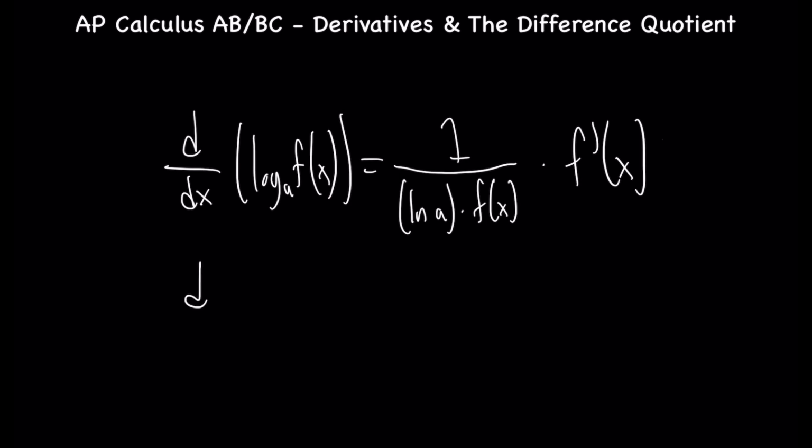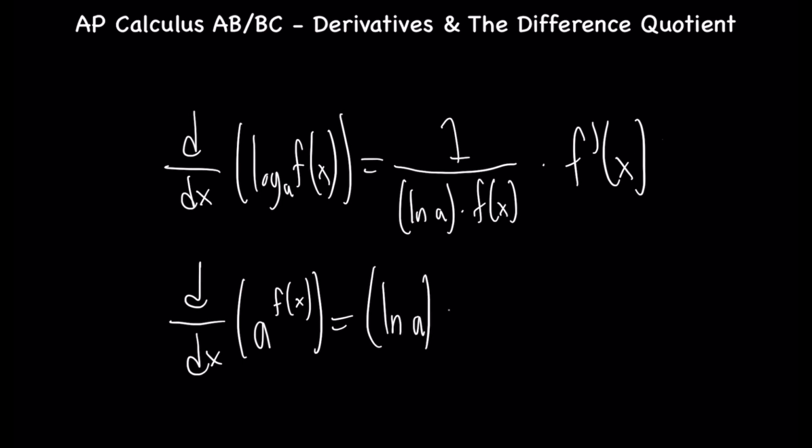And then the derivative of a to the power of f of x is equal to ln a times a to the power of f of x times f prime of x. You can go ahead and screenshot this if you want to. We're not going to delve deep into these things today. I'm just giving you these formulas so you can reference them later on. These will be important.